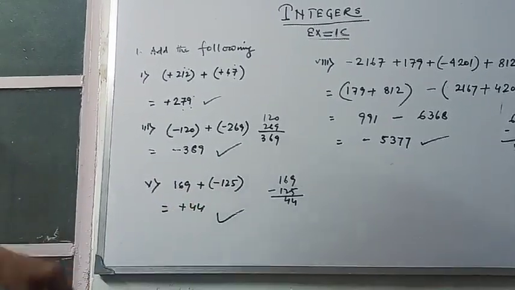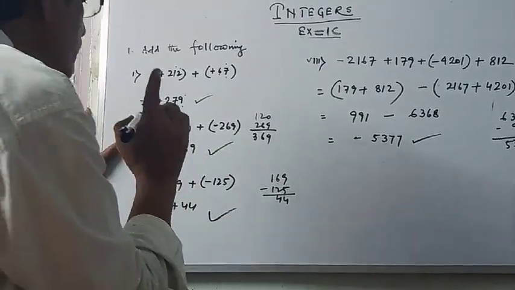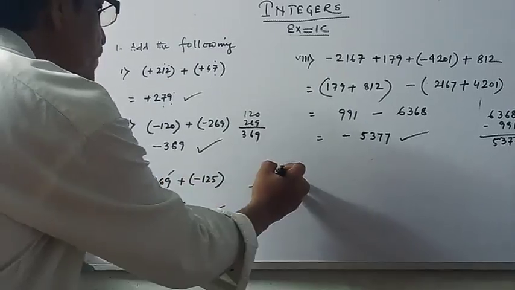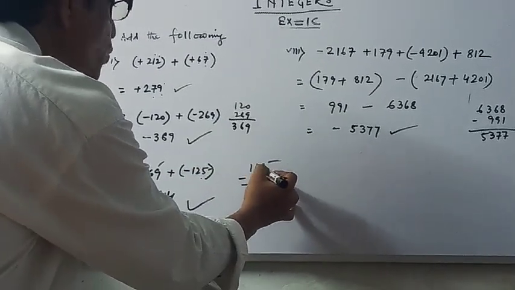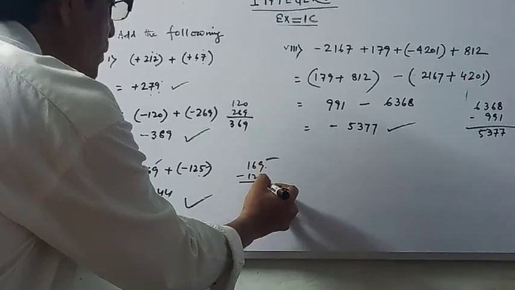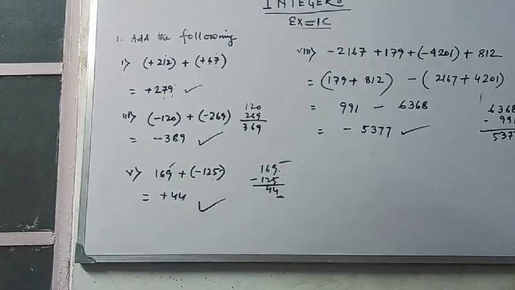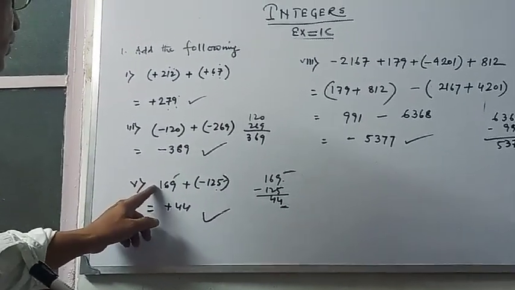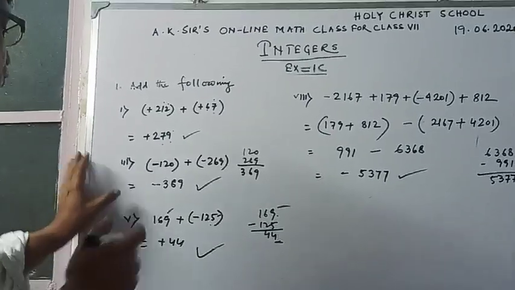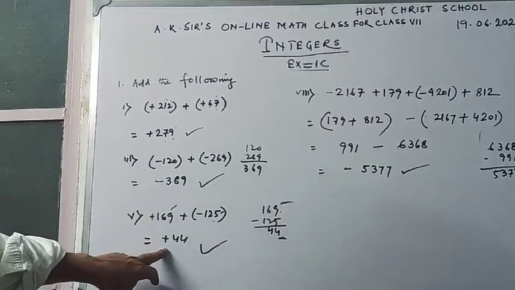In that case, we subtract the lower absolute value from the greater absolute value. That means 169 minus 125 equals 44. Now we attach the sign of the greater absolute value. The sign of the greater absolute value is here plus. So it is plus 44.